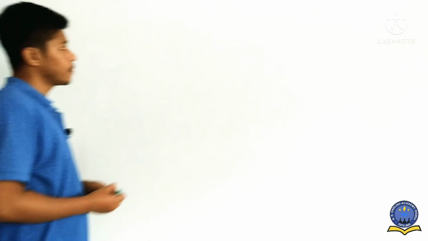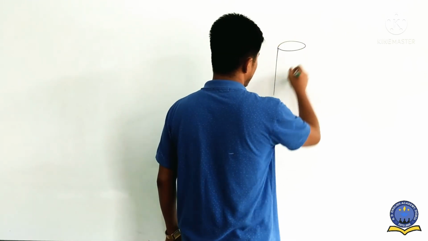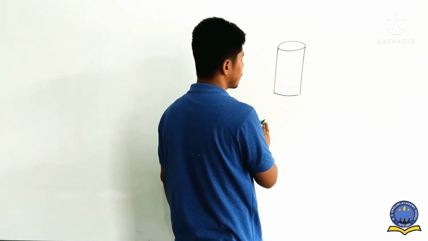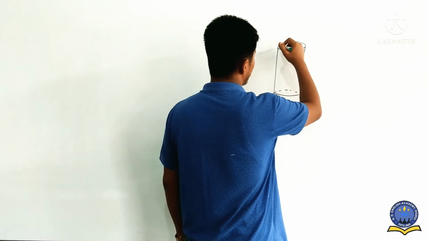If we draw the diagram, the right circular cylinder is this one, and both ends are closed.